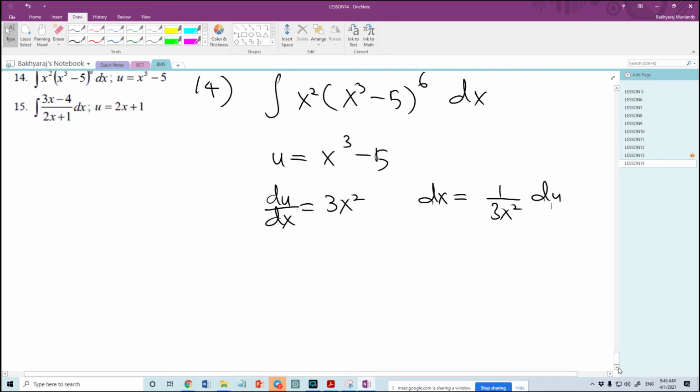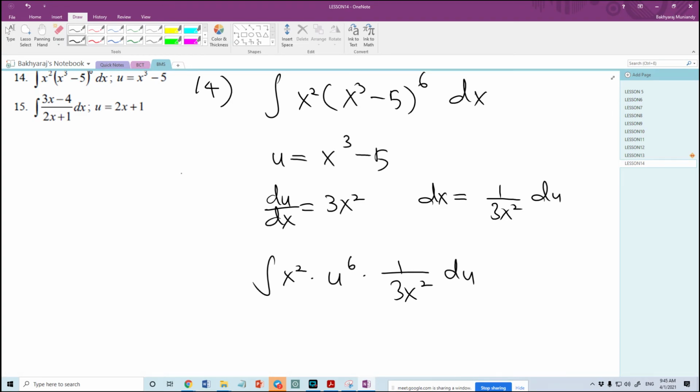Okay, so here integrate x square dot u become x power of 3 minus 5, so means u power of 6 dot dx is 1 over 3x square du. This question is just a repetition lah, bagi nampak lah. And we can cancel the x square, ini boleh potong.